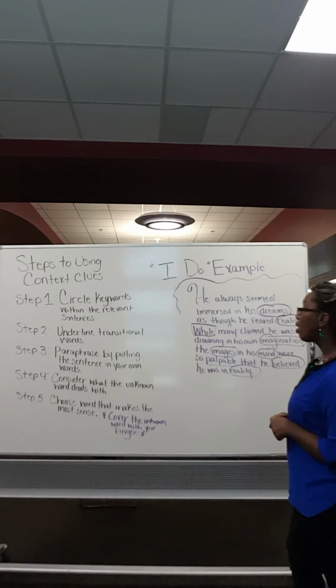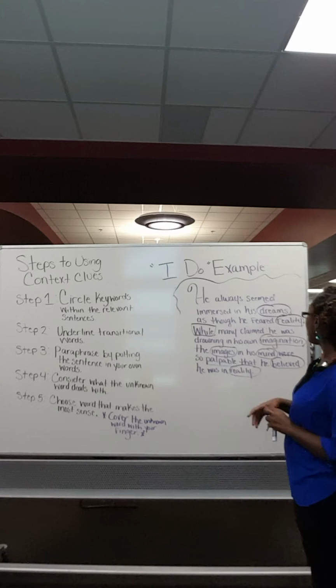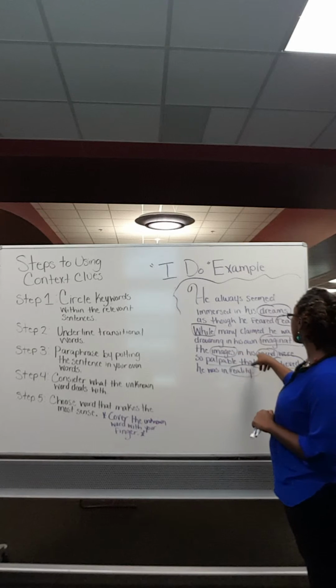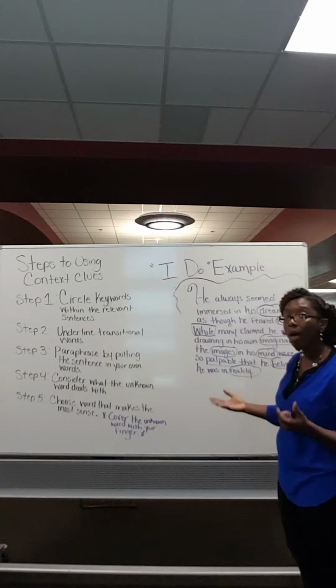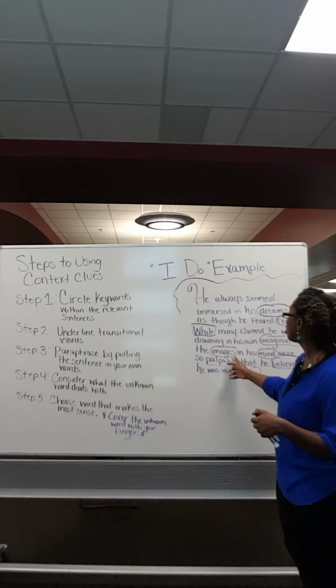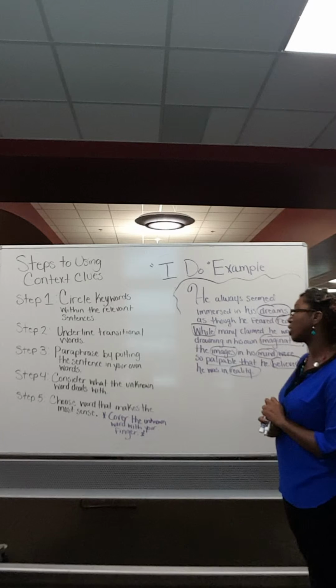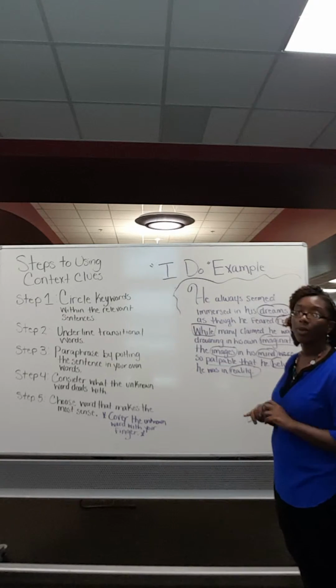Then step 4, consider what the unknown word deals with. If I'm using step 4, I would say the images in his mind were so palpable. Well, that must mean palpable is an adjective describing the images. And then step 5 says, choose a word that makes the most sense.